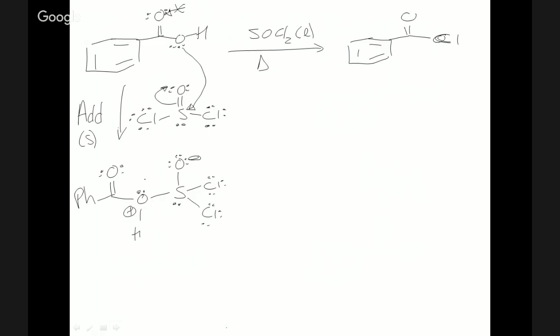Zwitterionic species. This is going to eliminate a good leaving group. We're going to talk about leaving group ability a lot in chapter 14. Cl minus is a good leaving group because it's a terrible base. That's essentially how you correlate those things. So addition, elimination, again at sulfur.